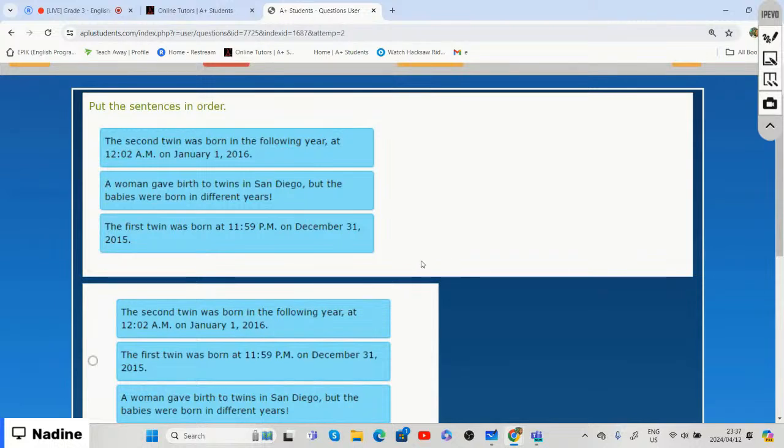It says the second twin was born in the following year at 12:02 a.m. on January 1, 2016. A woman gave birth to twins in San Diego, but the babies were born in different years. The first twin was born at 11:59 on December 31, 2015.